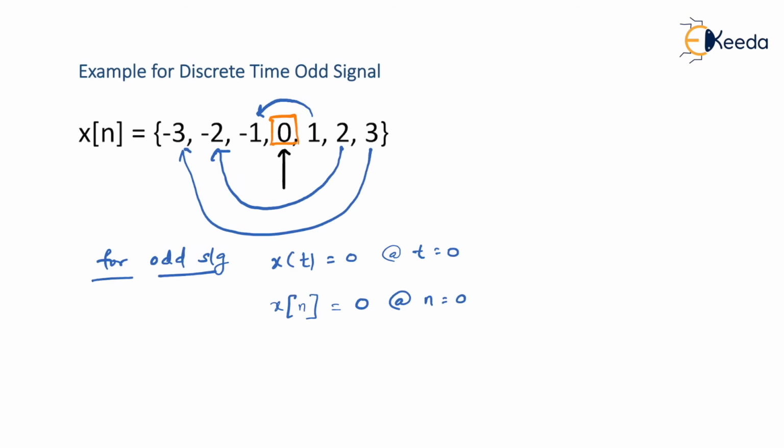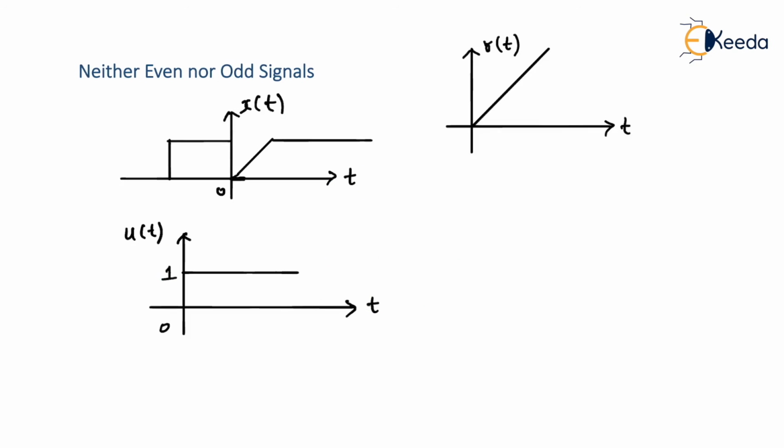Let us move ahead with the next classification, which is called neither even nor odd. So these are some examples of neither even nor odd signals. Observe x of t. We will first of all check whether it is an even signal or not. We know that whatever is present at the right hand side should be exactly present at the left hand side, which is not. So definitely it is not an even signal.